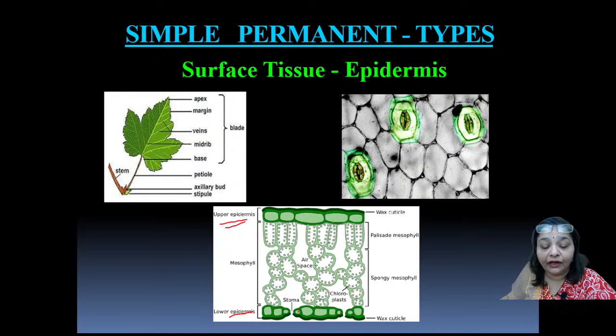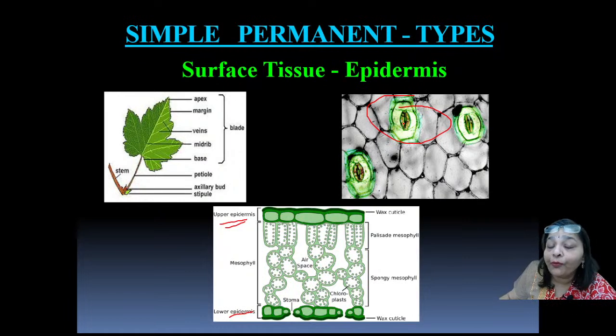Not only that, the lower epidermis also consists of kidney shaped cells, right? These kidney shaped cells are guarding a small opening called the stomata. That is why the kidney shaped cells are also called guard cells. Guard cells help in opening and closing of this small pore, the stomata, mainly for exchange of gases.